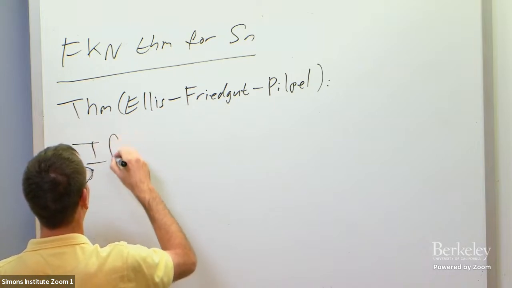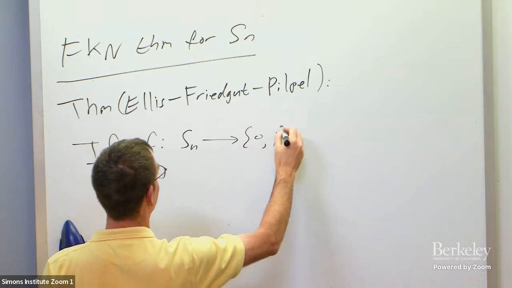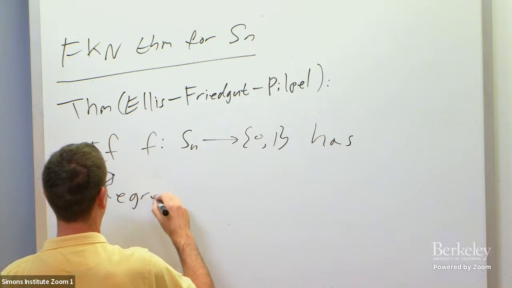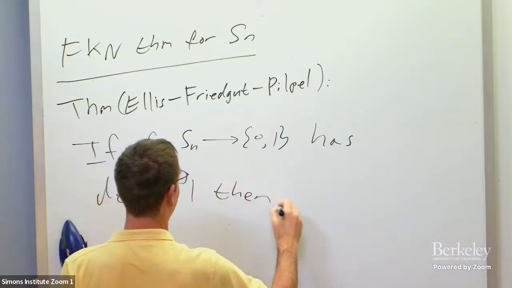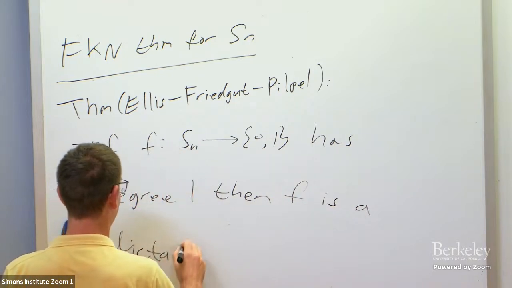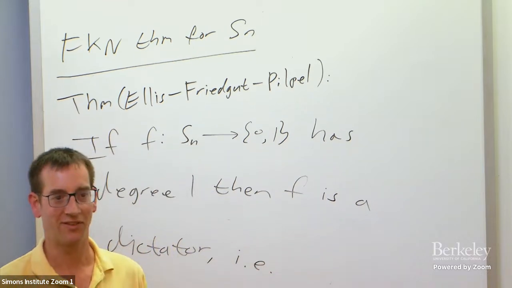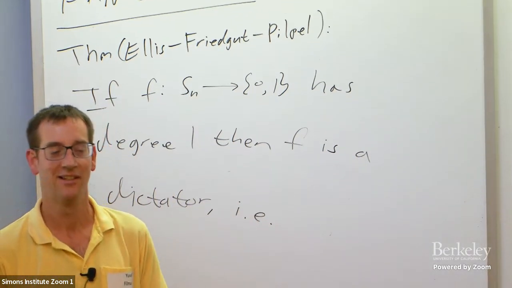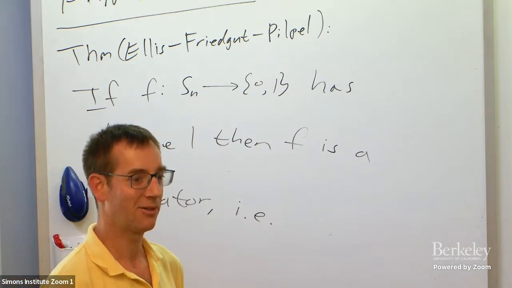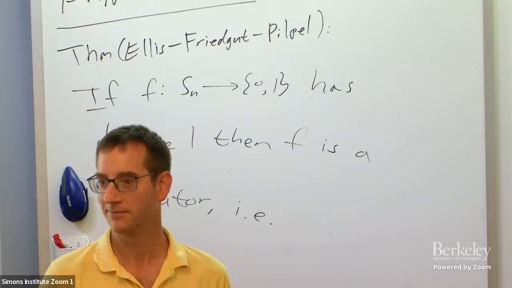So if f from Sn to {0,1} has degree 1, then f is a dictator. I haven't said anything because I didn't say what a dictator is. You can define a dictator as a Boolean degree 1 function. Which functions are exactly degree 1?